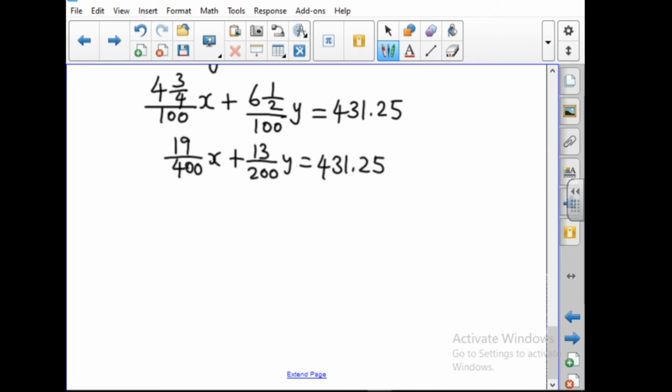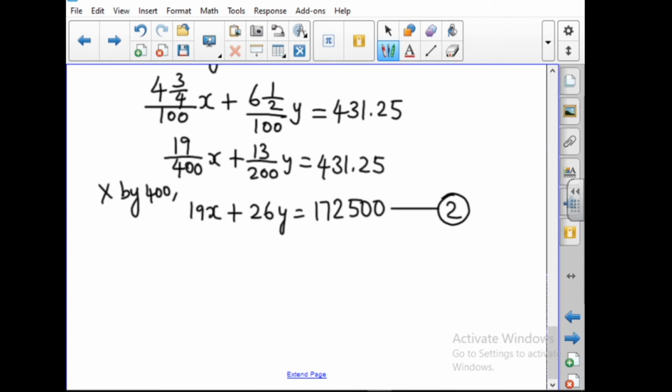Now let us multiply this by 400. What you will get: 19x plus 26y, since this should be multiplied by 2, is equal to 1,72,500. So let us consider this as equation number 2.